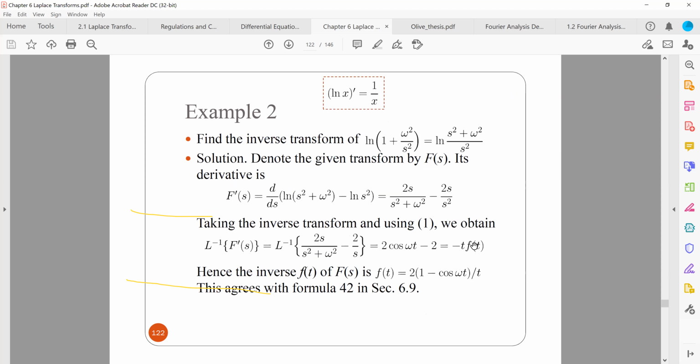Then you express this in terms of that by differentiating both sides of that simplified f of s. So you eliminate that derivative via that expression, using the negative Laplace transform of t times the function of t.